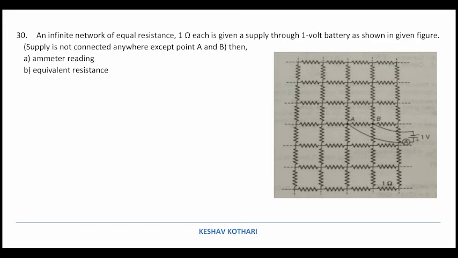I suggest that at A, the current which is entering is dividing into infinite proportions. So I say that at A, the current that will enter, suppose I current, will divide into 4 equal divisions of I by 4 in each arm.